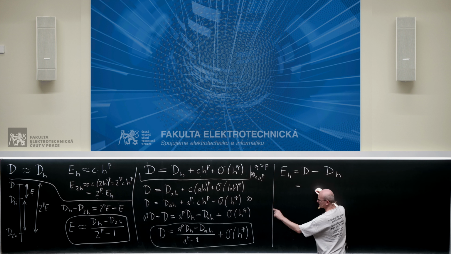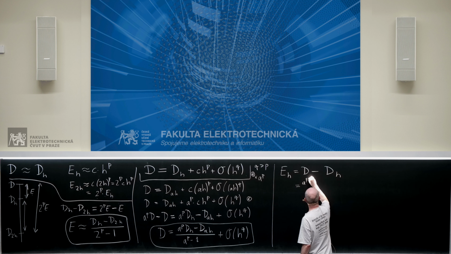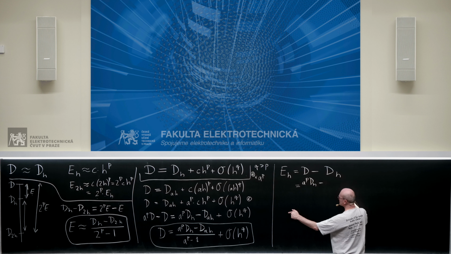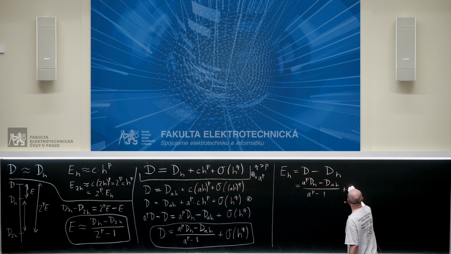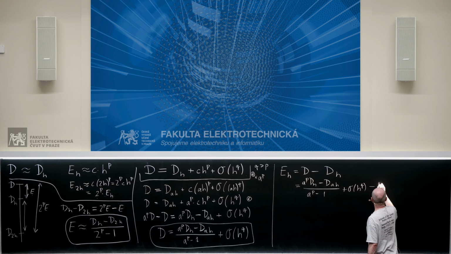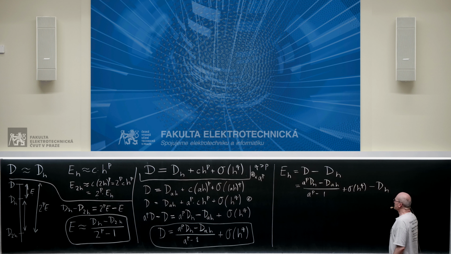So it is (a^p d_h minus d_{ah}) divided by (a^p minus 1) plus O(h^q) minus d_h. Okay, let's see.